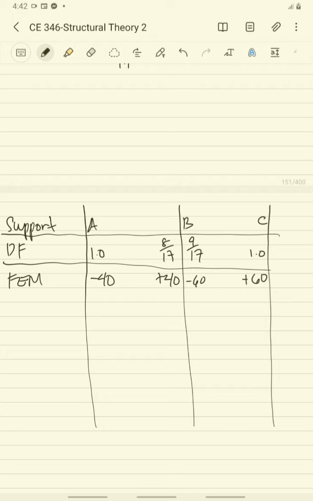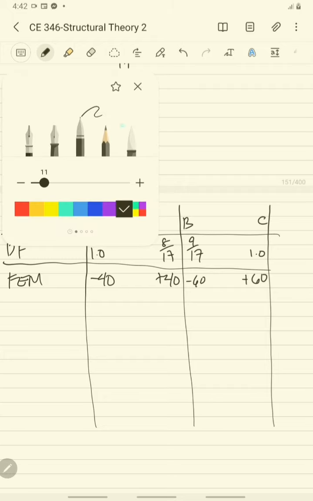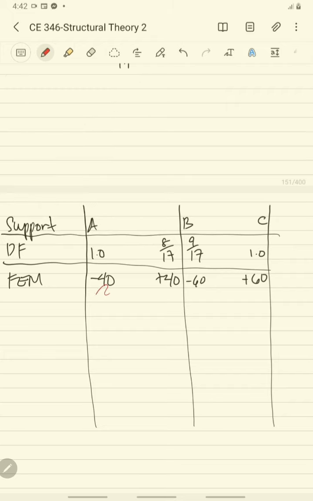So for our support A, you have positive 40. So we will balance the moment at each support.